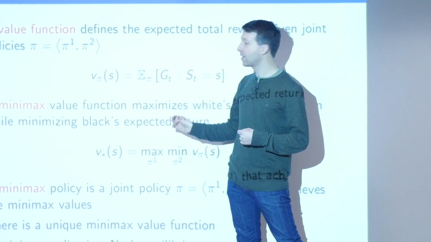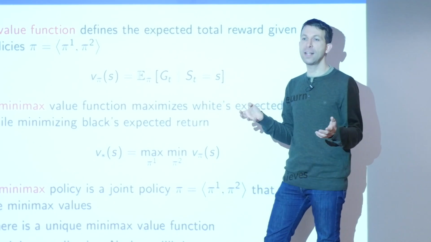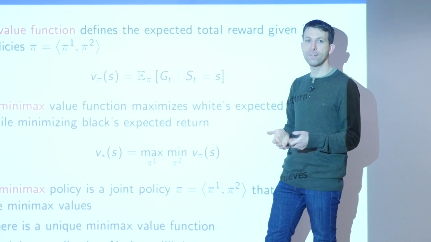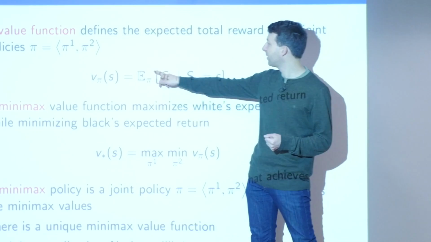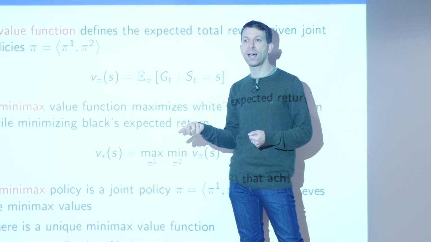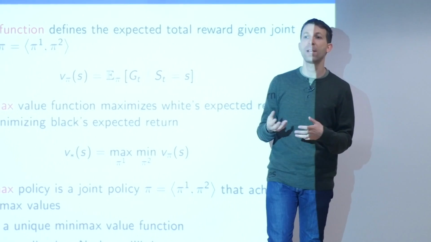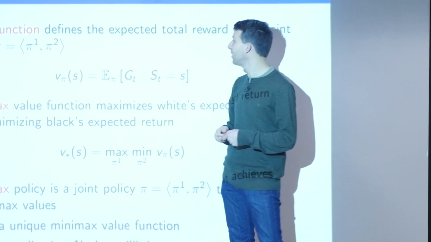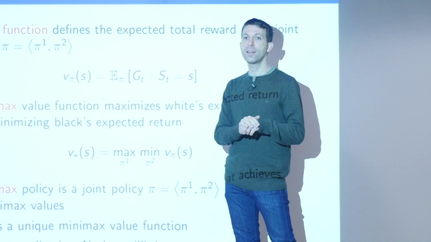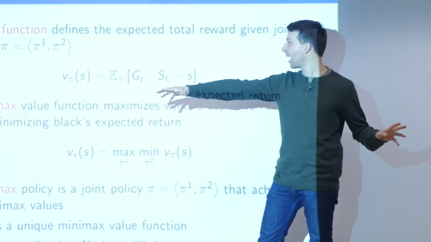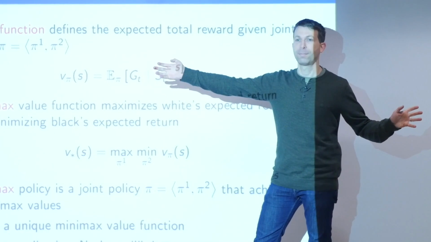If there's any stochasticity, like dice in the rules, like if you're playing backgammon, the expectation would be over those dice. And if there's any randomness in your policy, the expectation would be over the randomness in both players' policies. If we average over all of those sources of randomness, who's going to win?